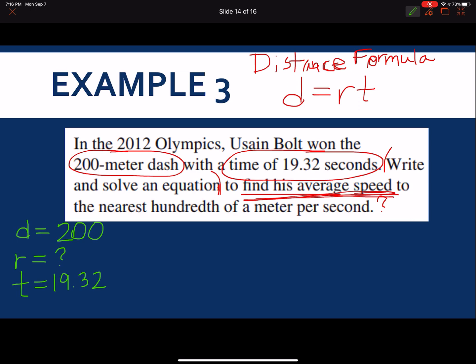So once we have those, then we can substitute those into the formula. So we're going to take what we know and we're going to replace our D and our T to solve for R. So we have 200 equals R times 19.32.